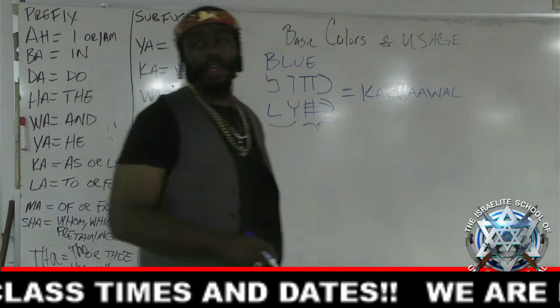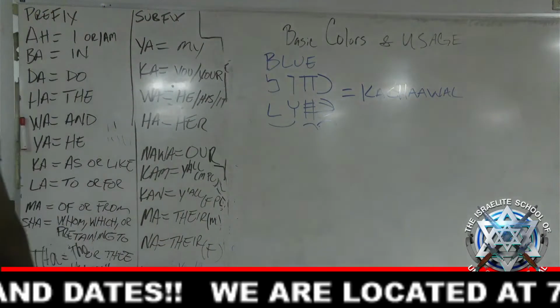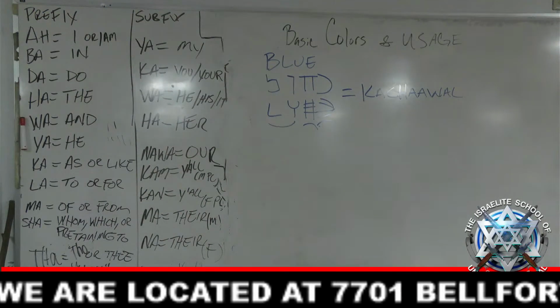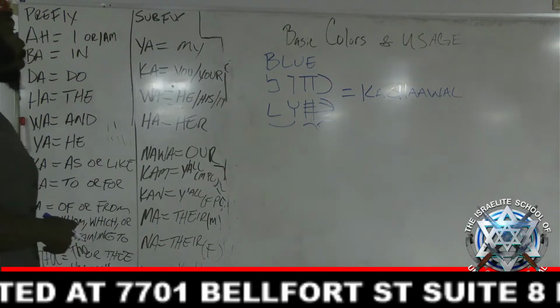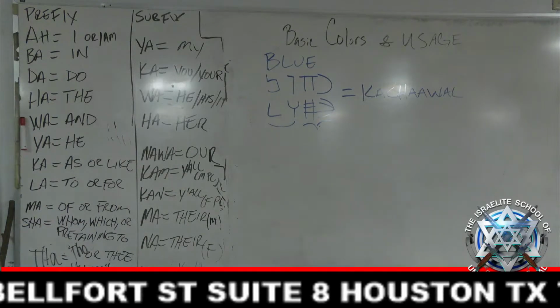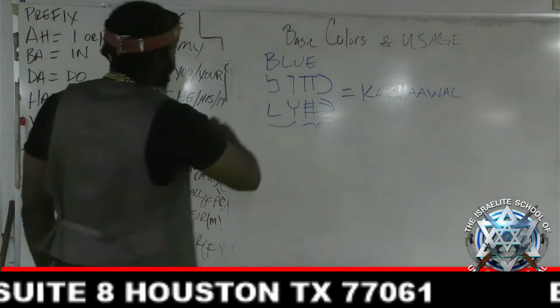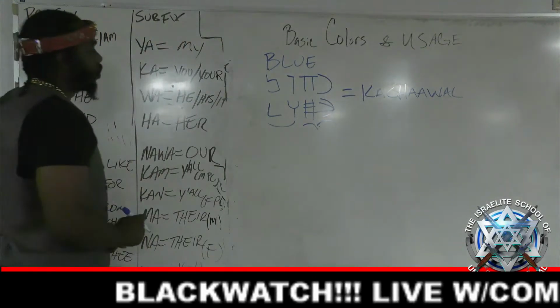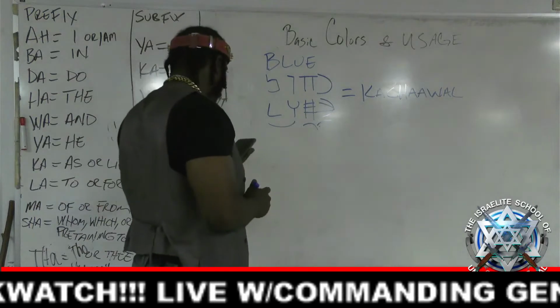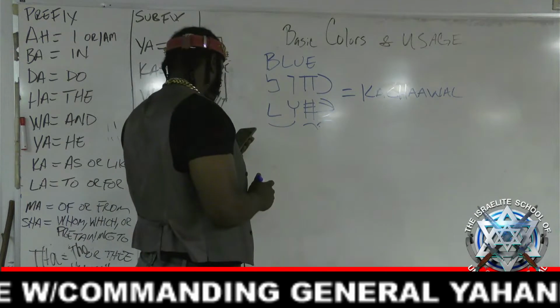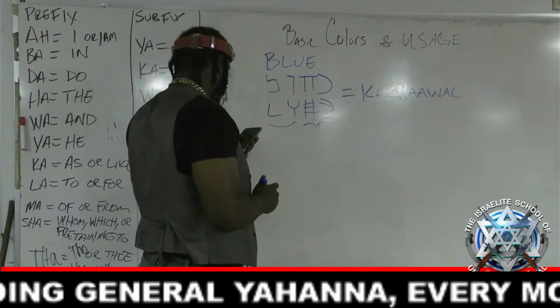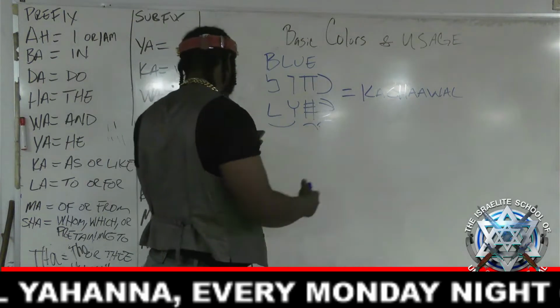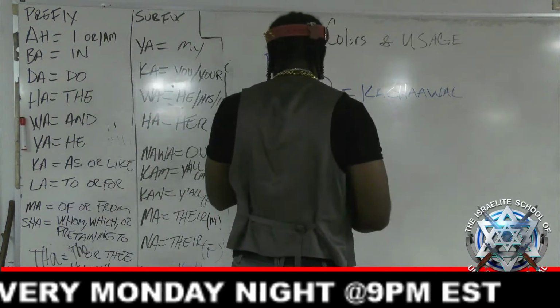Again, that is Kahawal. Alright, which is blue. Of course, at the top we have the Assyrian. At the bottom we have Paleo, Ancient Phoenician Hebrew. And we are going to translate this and use it in sentence structure that we use every day.